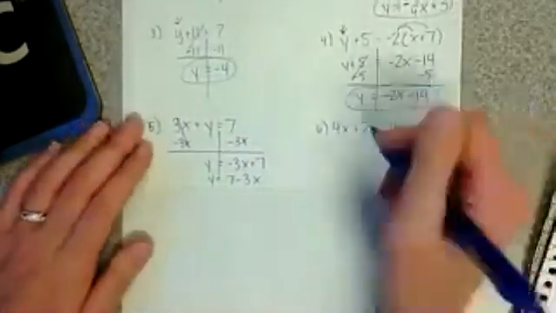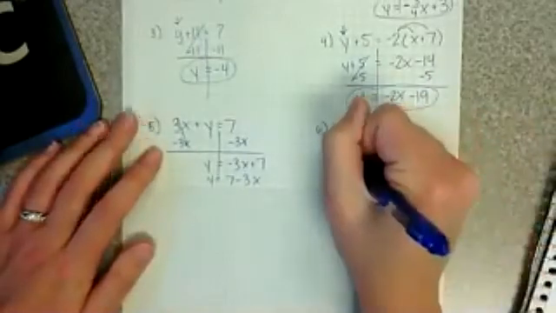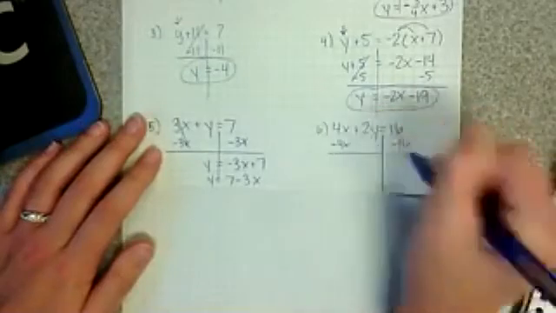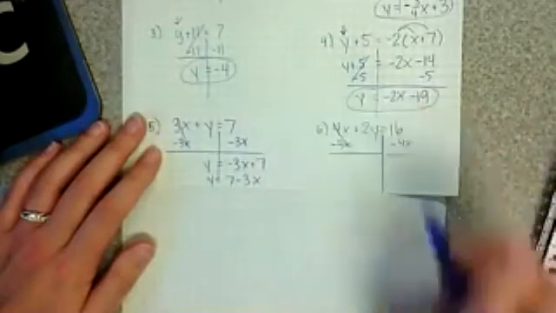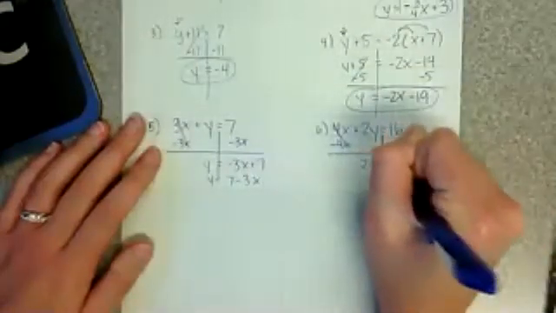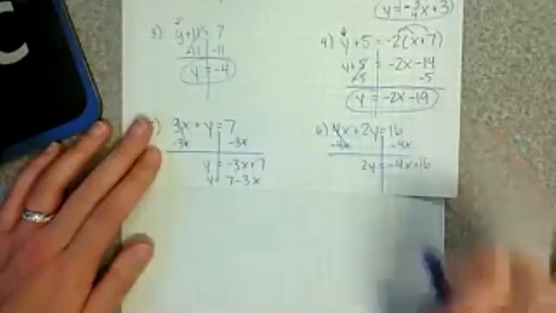On 6, okay, a little bit more steps. So I'm going to subtract the 4x from both sides first. 4 minus 4 cancels out. 2y drops down, and I have negative 4x plus 16.